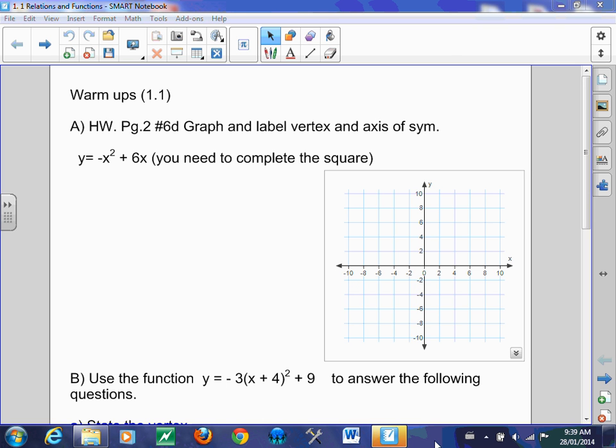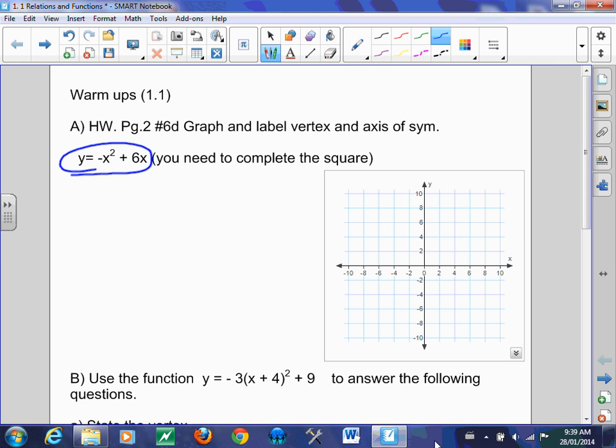Now, the problem with this, ladies and gentlemen, is when you take a look at this equation that was given in 6D, it is not in vertex form. So what we need to do is called complete the square. Completing the square is basic information we learned in grade 10 in the quadratics unit, and we'll go over it to make sure that you understand.